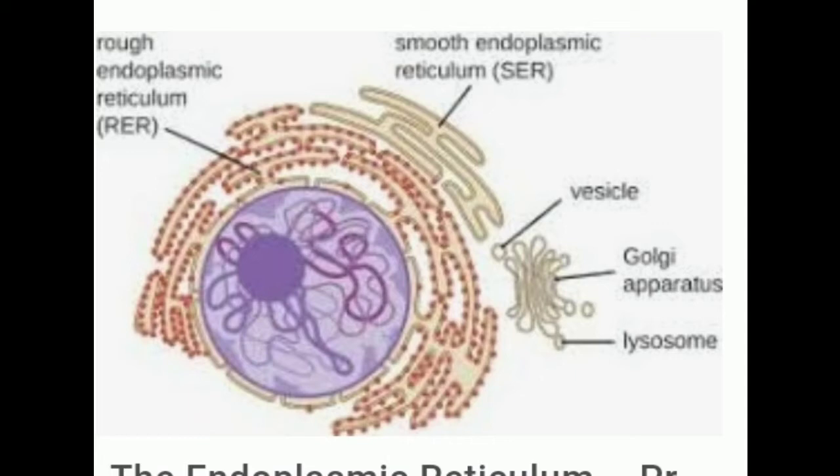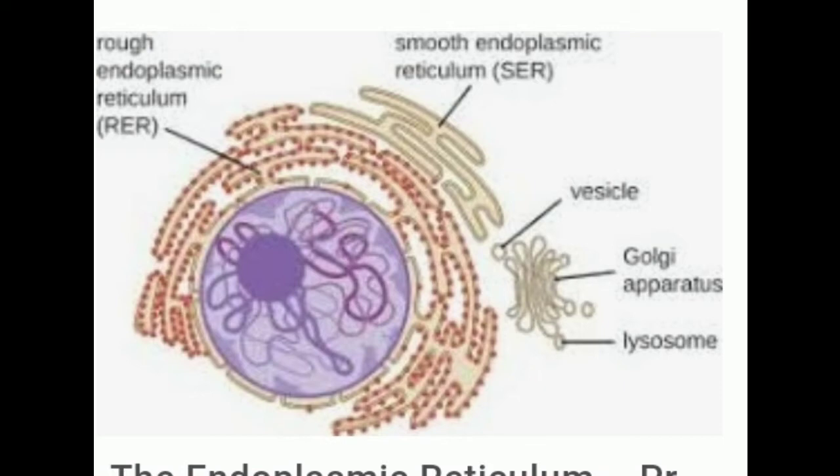It conducts proteins, and when toxins enter the body through air, water and food, the endoplasmic reticulum of the liver cells detoxifies these poisonous substances, and then they are flushed out of the body.